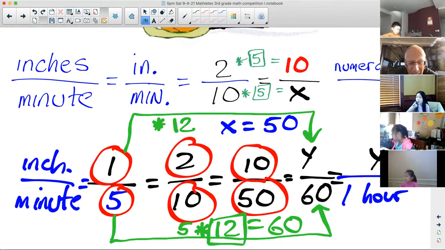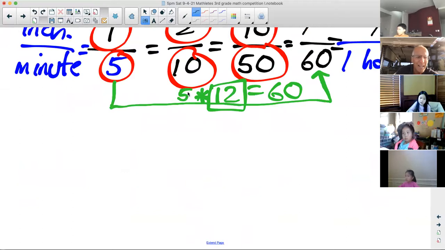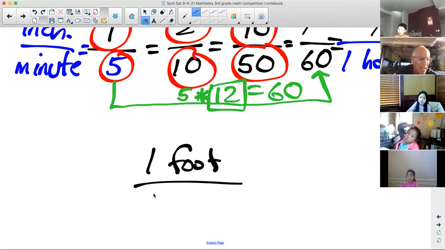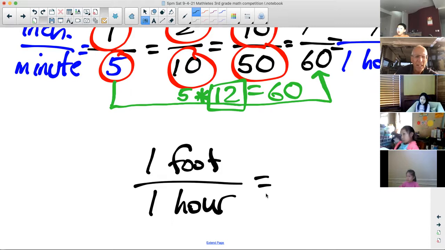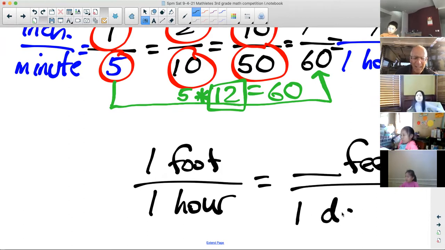So what's really fun about this is that the snail can go exactly 1 foot every 1 hour. So let me ask you a question. How many feet could the snail go in 1 day? So think about that.